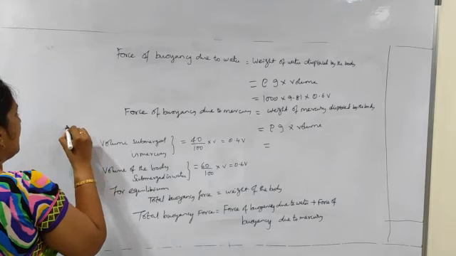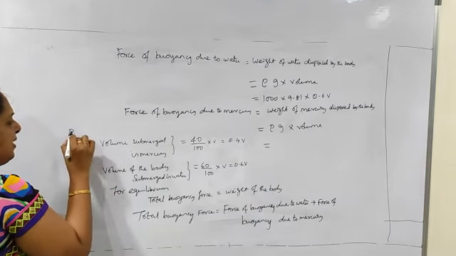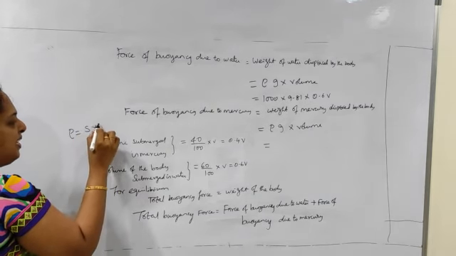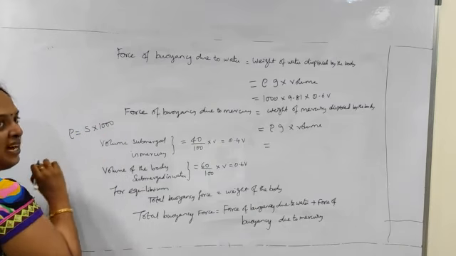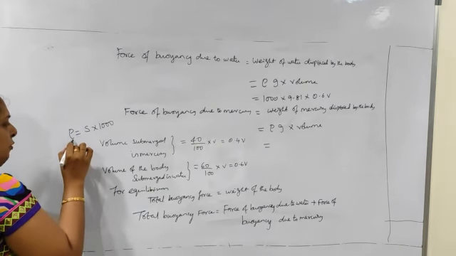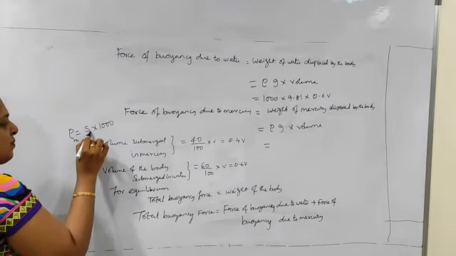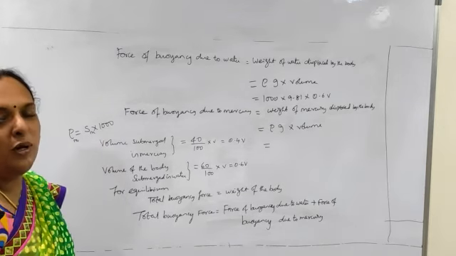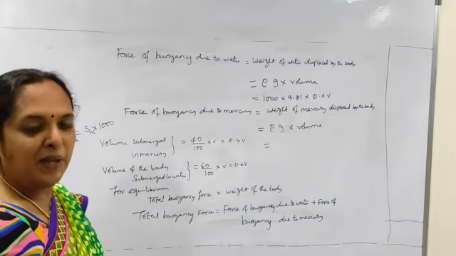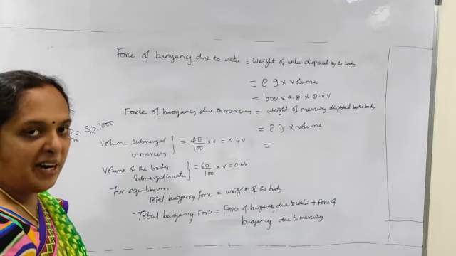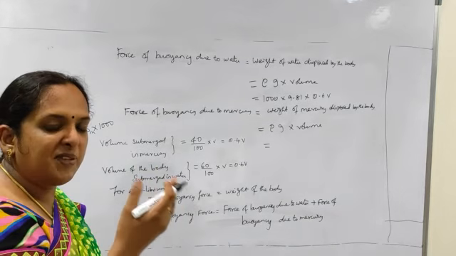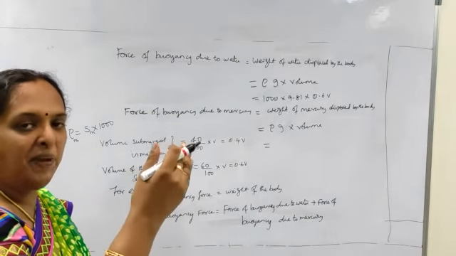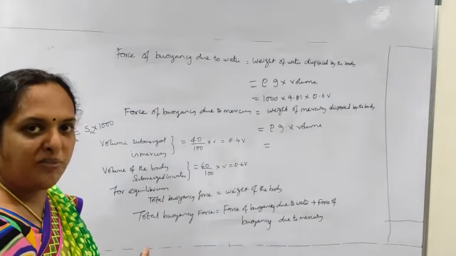We have already studied, if we want to know the density, it is specific gravity into the density of the standard fluid. Suppose I want to know the density of mercury, it is the specific gravity of mercury into 1000, where 1000 is the density of the standard fluid. Why? Because the definition itself says specific gravity is equal to the density of the known fluid divided by the density of the standard fluid.